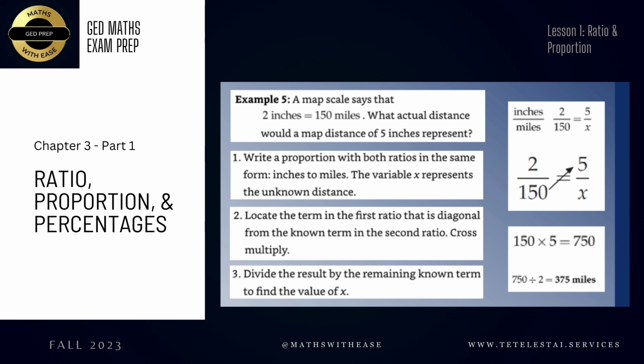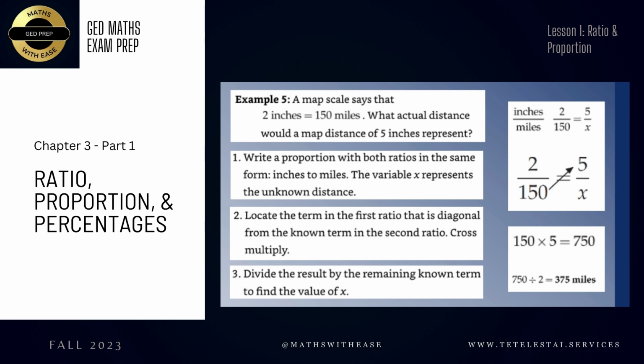So again, you're going to start by writing your proportion in terms of two ratios. And we're dealing with inches to miles, right? So what is the actual distance? A map of 5 inches, so it mentions inches first, so you're going to write down your inches first. What distance would that represent in terms of miles?